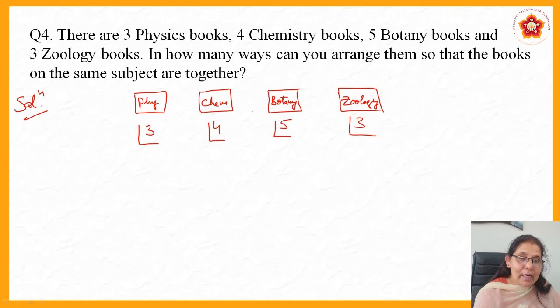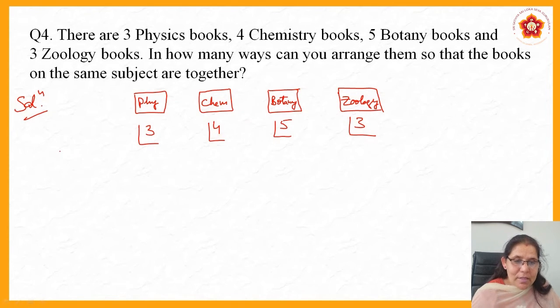But we can keep physics books after chemistry, all the physics books together after chemistry. We can keep all the physics books after botany also, or we can keep all chemistry books before physics, or all chemistry books after botany or zoology.